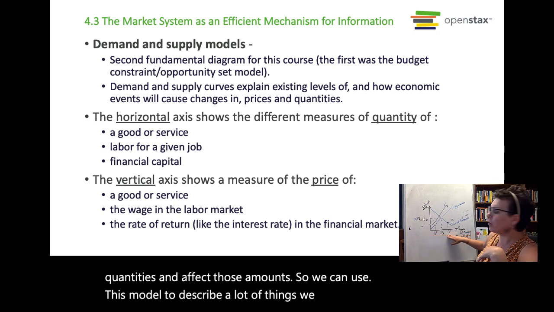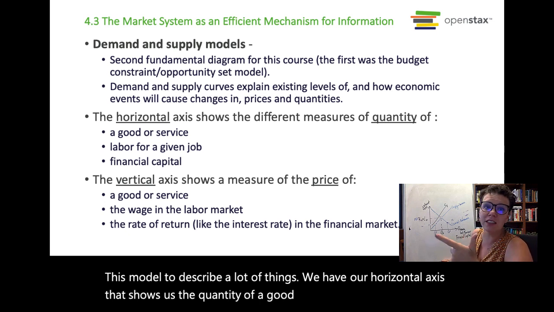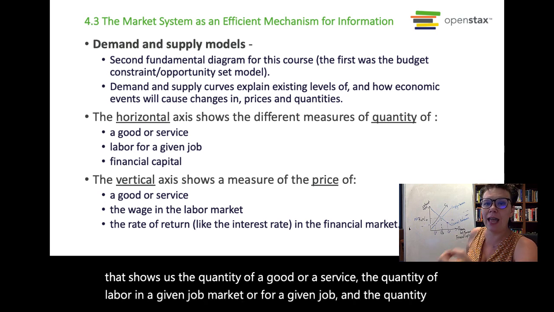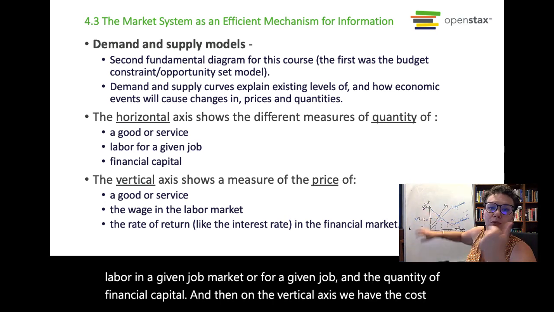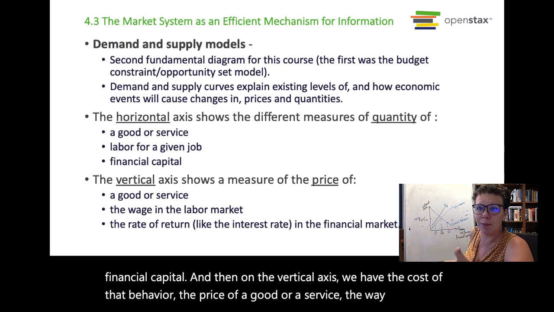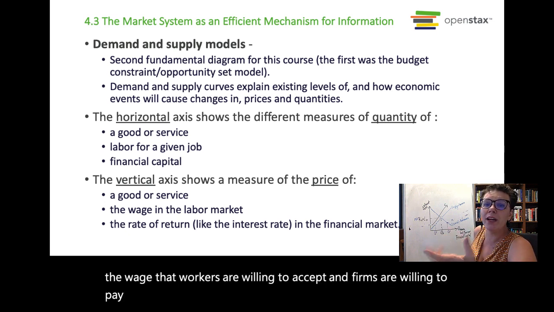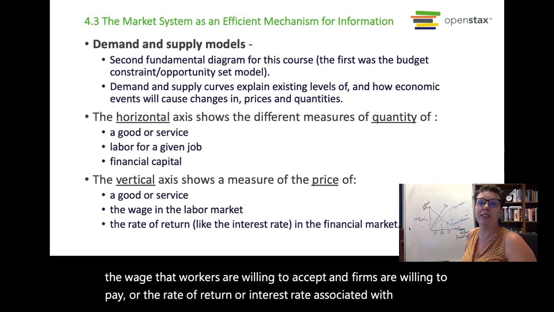We have our horizontal axis that shows us the quantity of a good or a service, the quantity of labor in a given job market or for a given job, and the quantity of financial capital. And then on the vertical axis, we have the cost of that behavior: the price of a good or a service, the wage of labor, the wage that workers are willing to accept and firms are willing to pay, or the rate of return or interest rate associated with financial capital or other debt instruments.